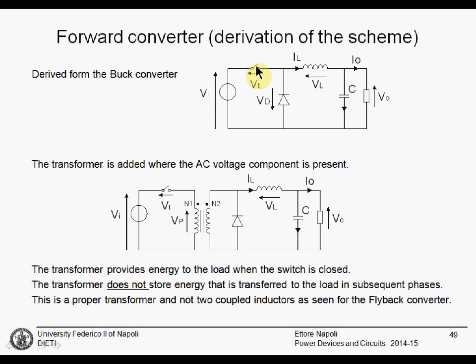This is the constant input voltage, VI. This is not a good place for the input transformer, the isolating transformer. The good place for the transformer is here, where, thanks to this switch, we will have a variable voltage.